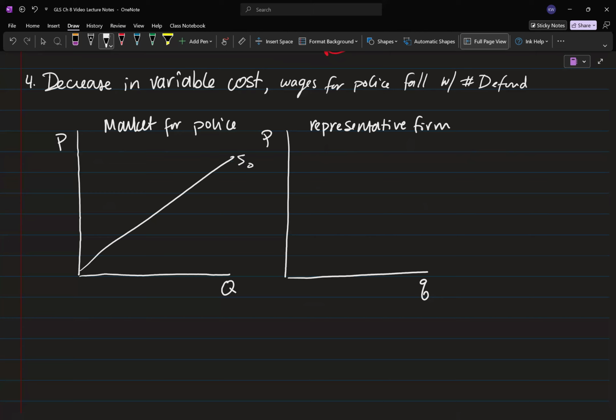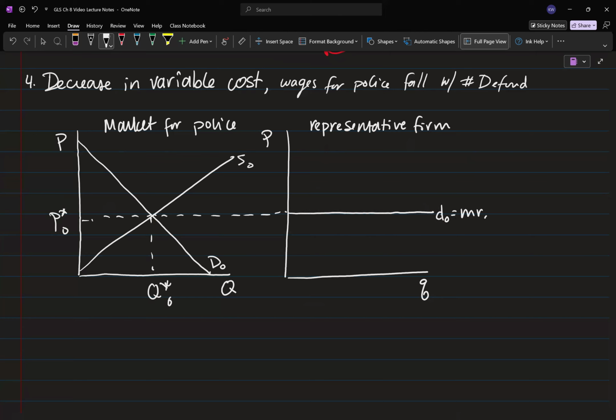Our initial supply and our initial demand on the market side, which is going to give us that market price and an equilibrium quantity. We'll use that market price to trace over to the firm graph and identify the firm's demand curve.